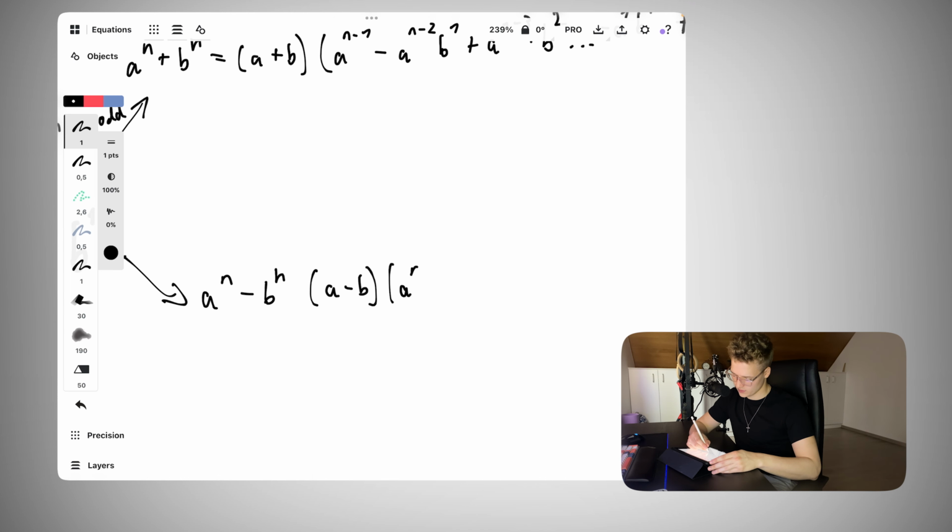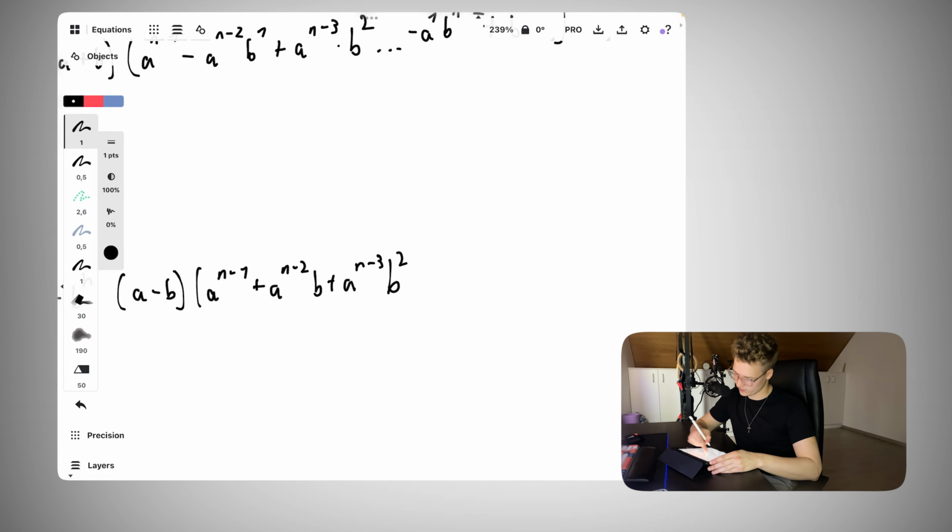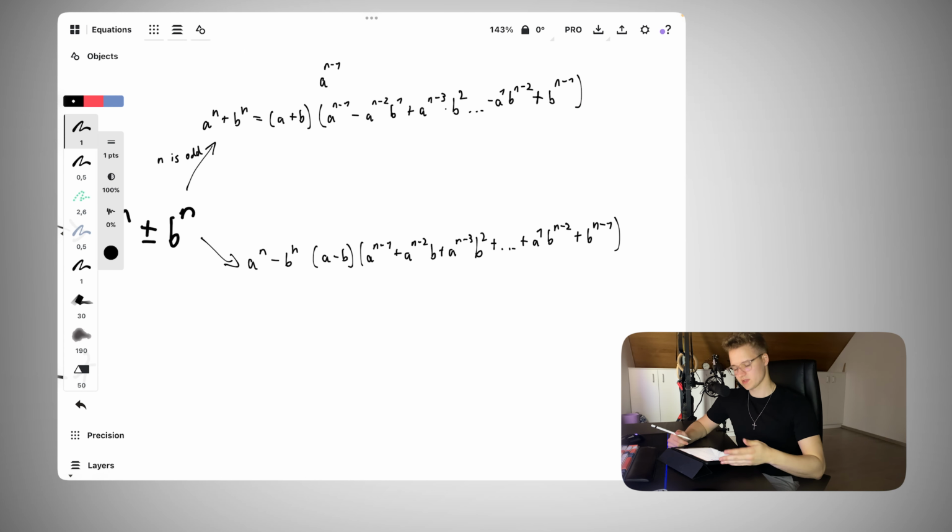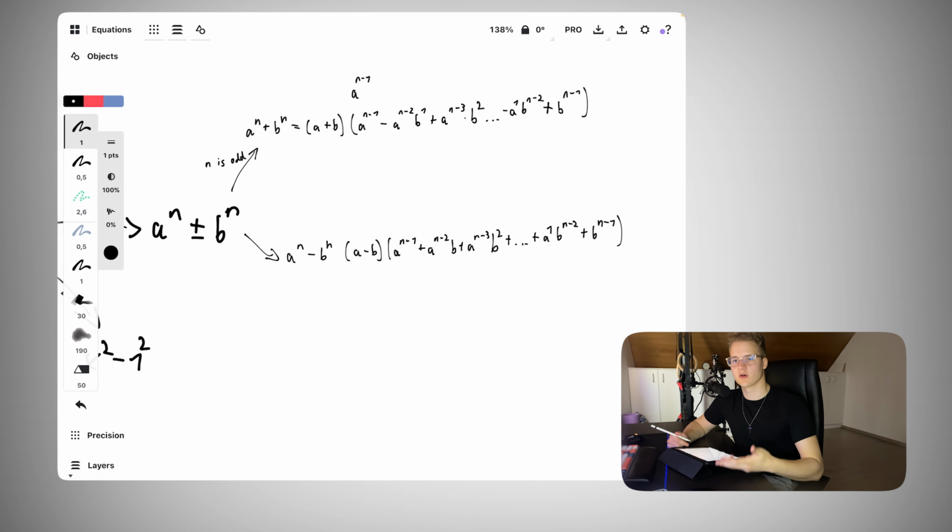So a to the n minus 1 plus a to the n minus 2 times b plus a to the n minus 3 times b squared plus, and so on and so forth, b to the n minus 2 plus b to the power of n minus 1. That's pretty much all you really have to know about it.